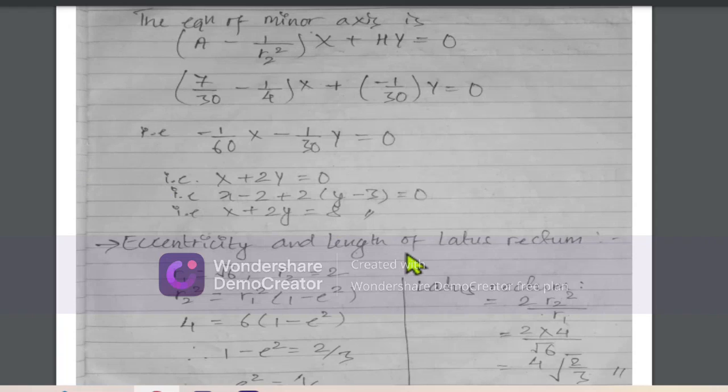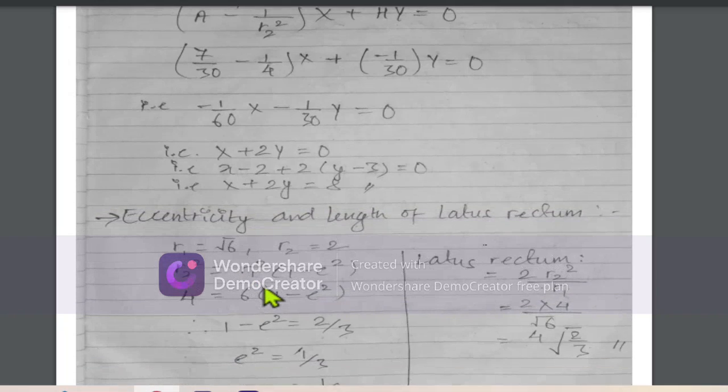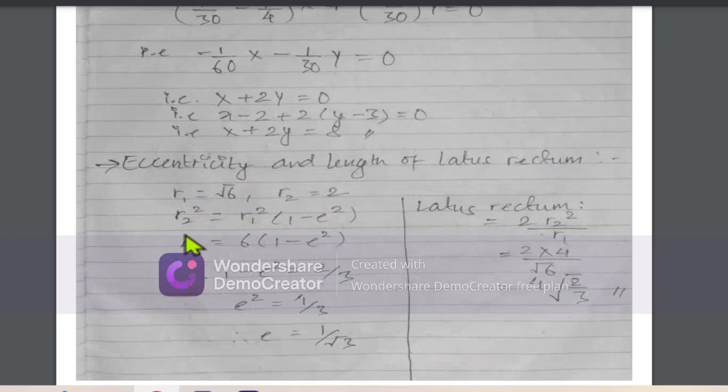Now for the eccentricity and the length of latus rectum, it is easy, so let's discuss it here. As we have already found the value of r1 and r2, r2 square equals r1 square into 1 minus e square. This is the formula to find the eccentricity of an ellipse.